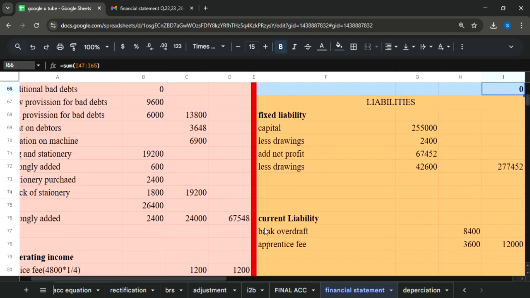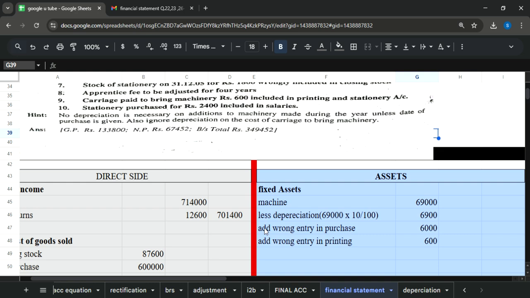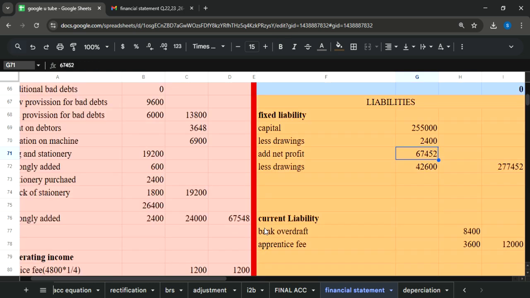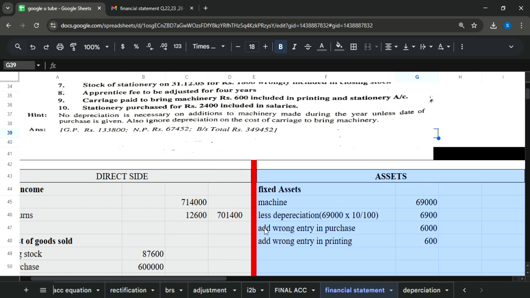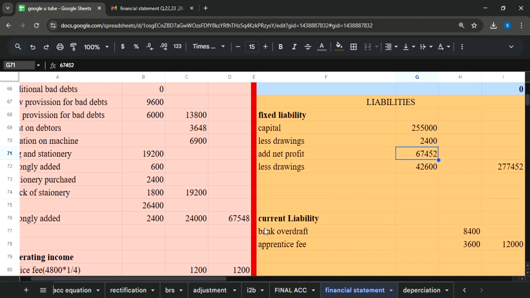where we have our capital side, drawings are subtracted, net profit 67452 is also written, and there is something still to be written and we'll have to see it.